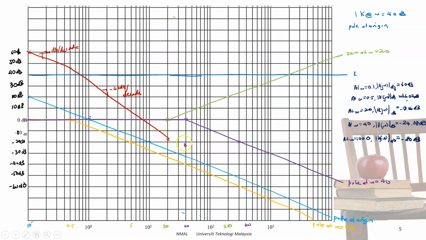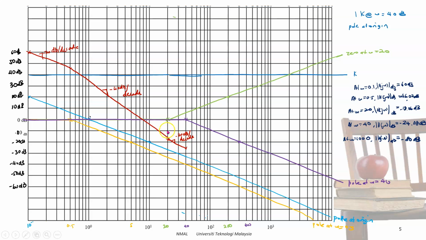So at 40 we plot at negative 24. So negative 24 should be between negative 20 to 30, should be somewhere here. So here we plot. This one is actually only negative 20 dB over decade, the gradient.